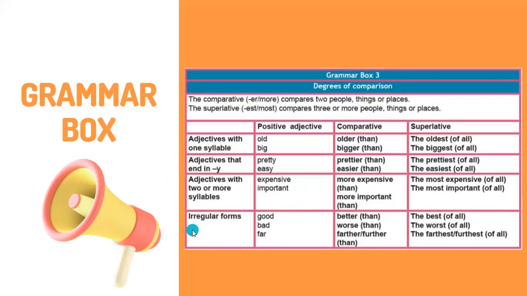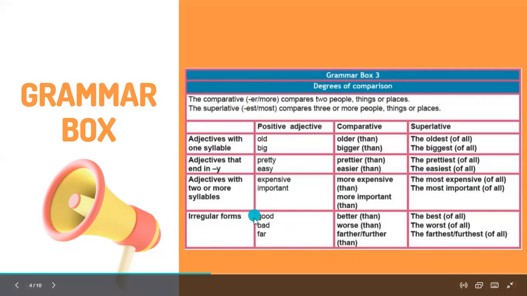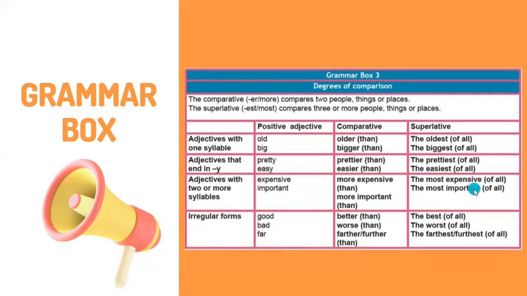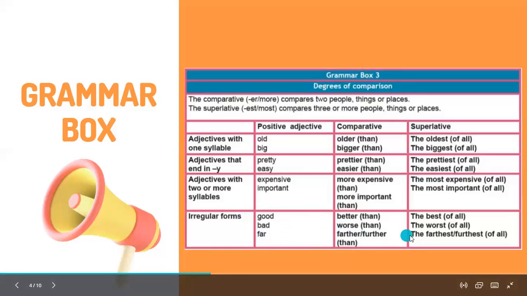And finally, in the irregular form, these adjectives cannot be turned into comparative or superlative by simply adding er or est. We have to change the word a little bit. For example, good would be better or best, bad, worse or the worst, and far would be farther or farthest.